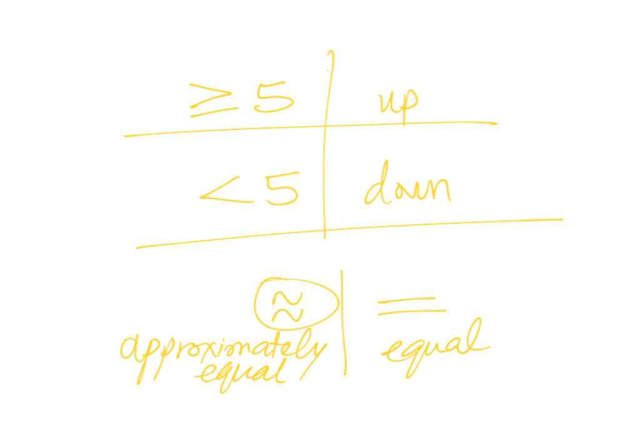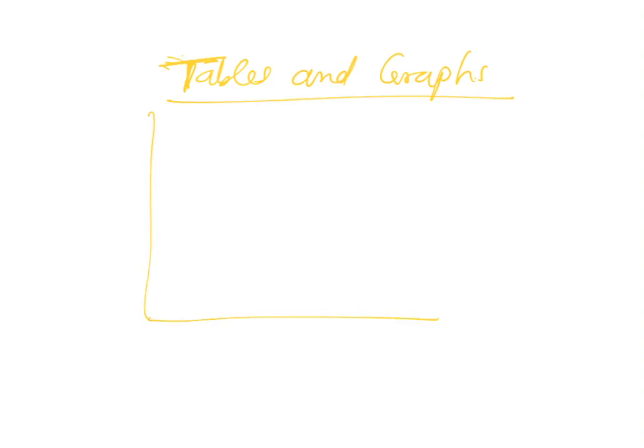The last thing we'll be doing is tables and graphs. In mathematics, we talk about tables and graphs. With tables and graphs, we basically have to recognize that you would have two dimensions here.